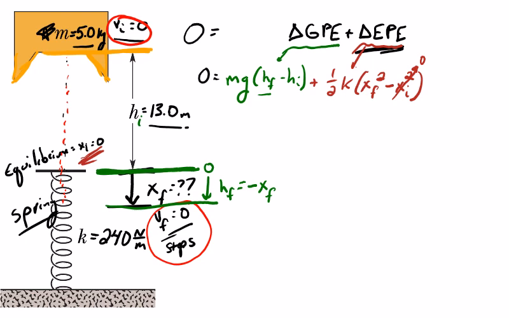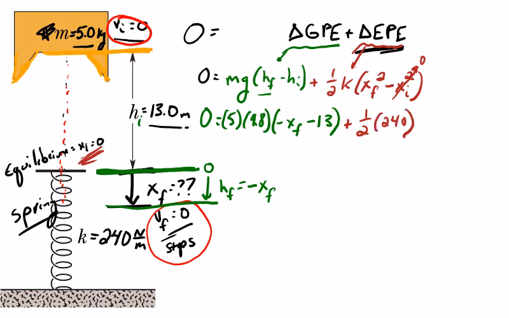So I'm going to start putting some numbers in. So I've got 0 equals, I've got my 5 times 9.8. For the final height, I'm going to put negative XF. That's kind of weird, but we still have to do it. I'm going to subtract my initial height, which is 13. And then over here, I'm going to add to it 1/2, 240 is my spring constant, and then I just have XF squared.